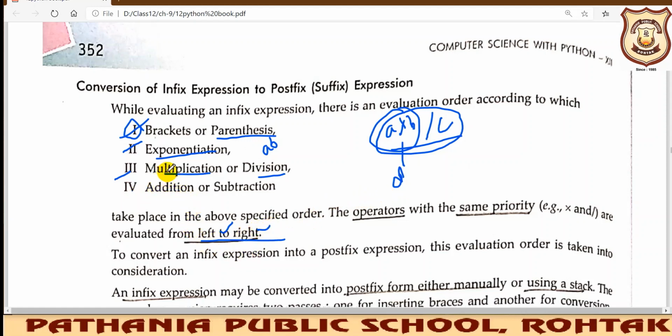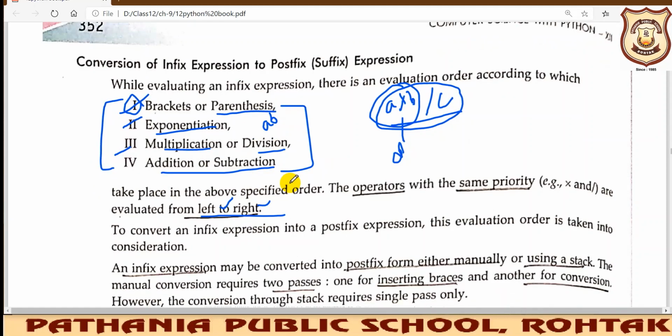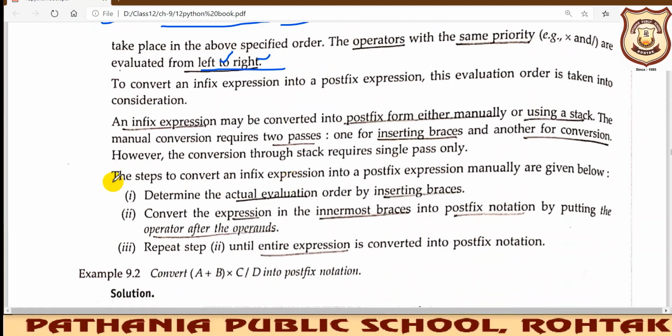Similarly, after the multiplication and division have been cleared out in the arithmetic expression, then we will go for addition or subtraction. Okay, so this is the precedence order that we need to take care of when we are solving the arithmetic expressions.